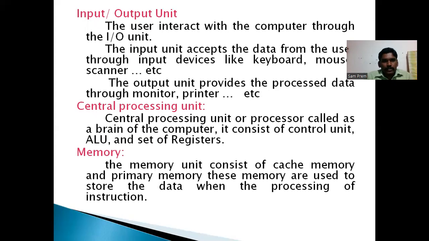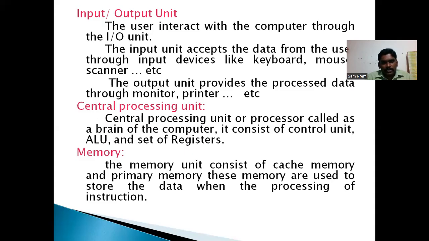First one, input and output unit. If the user wants to interact with the computer, it is with the help of input devices and output devices. You give input to the computer with the help of input devices like keyboard, mouse, and scanner.